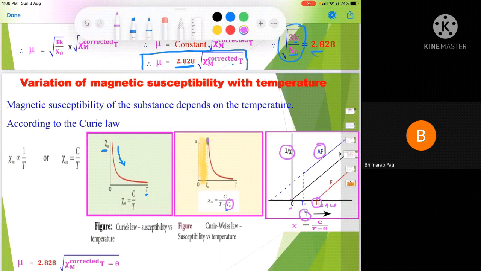But if you plot the graph of the reciprocal of the molar susceptibility versus temperature for antiferromagnetic substances, the line intersects the temperature axis at a negative value, which is theta. That theta is negative because it is the temperature at which the line cuts the temperature axis.